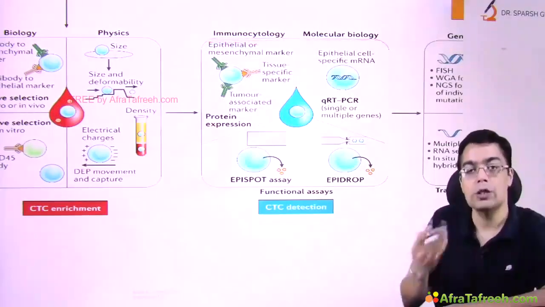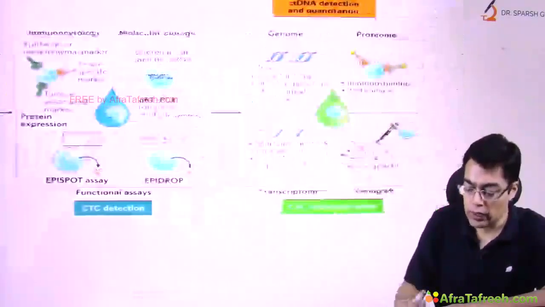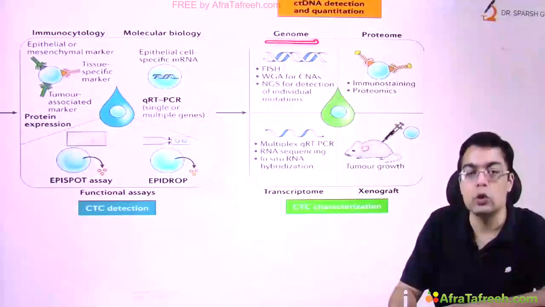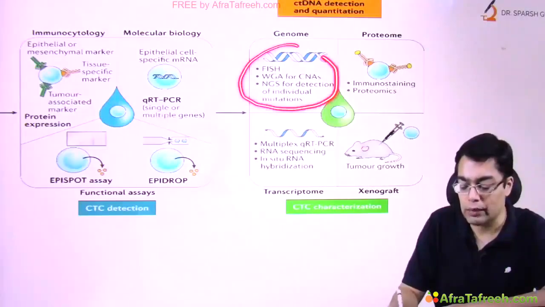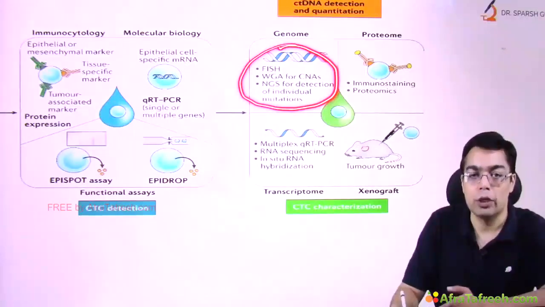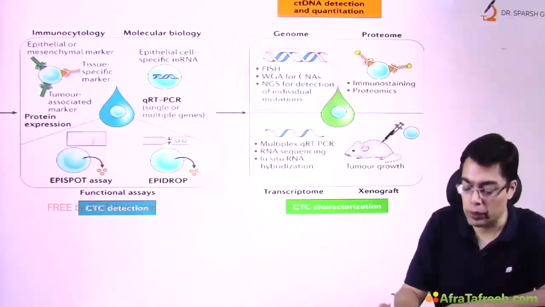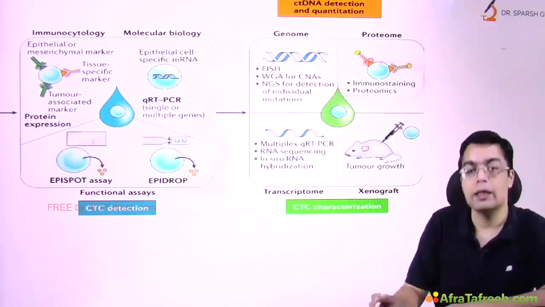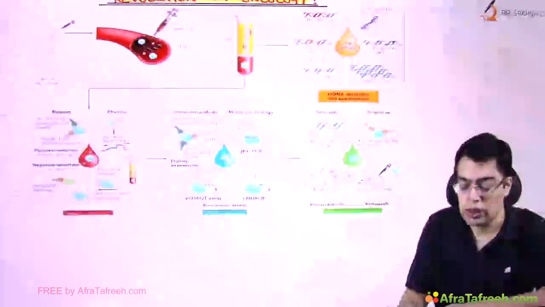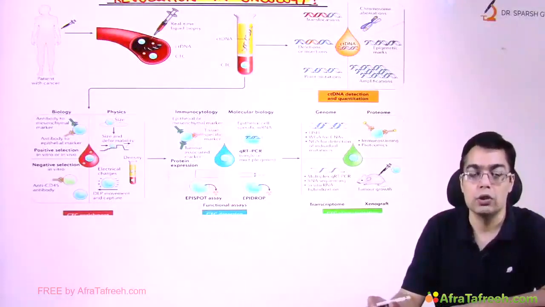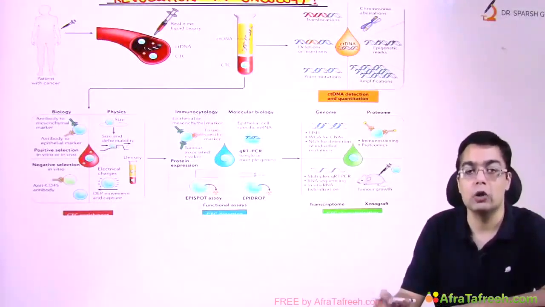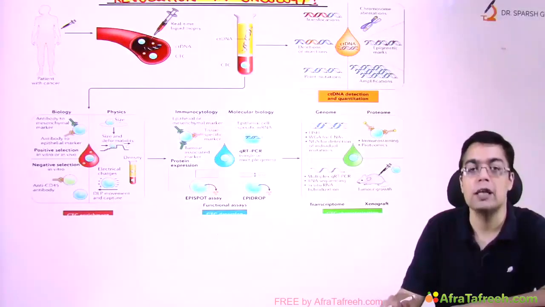Finally, once you have the CTC, you analyze it with respect to the genome and the proteome. That means you are going to look at the genetic markers or the molecular analysis, and you are going to look at the protein molecules which may be present, and that is what is going to tell you about the nature of the specific mutations seen with a particular cancer. So all in all, a very high-yield topic for the exam, and definitely a very exciting area in oncology.